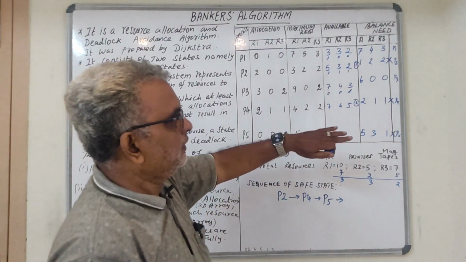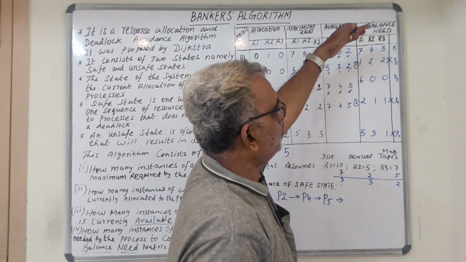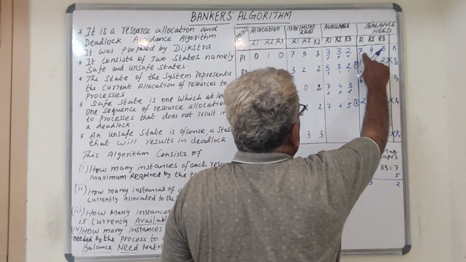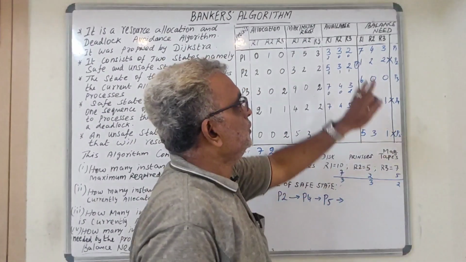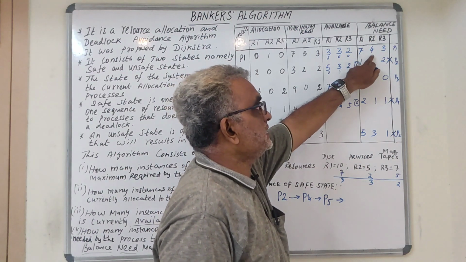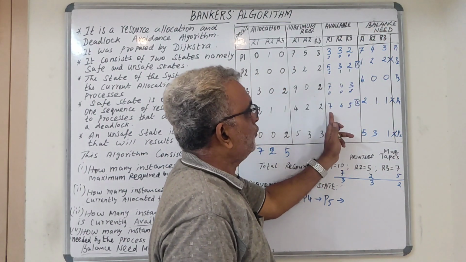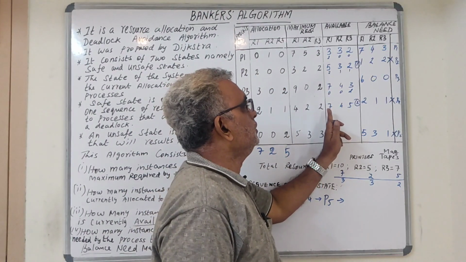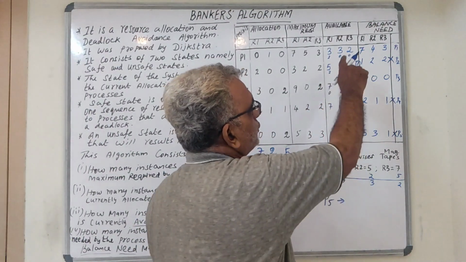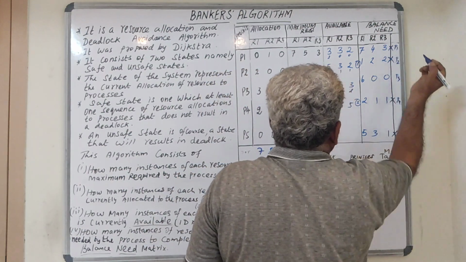Okay. Now after completion of that, one cycle is over, now we start again from the top. So the process P1 is still not yet completed. It requires 7 instances of resource 1, 4 instances of resource 2 and 3 instances of resource 3. Now the available value is 7, 4, 5. So very well, we can provide the resources to process 1, so that process 1 can complete.